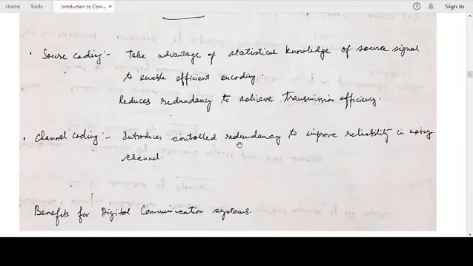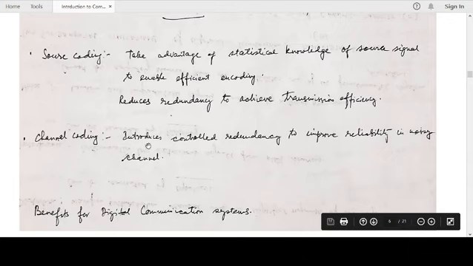That means maybe we add one more extra bit, a parity bit, and check whether the number of ones is odd or even. If it is not, then you understand that there's an error and you acknowledge that to the transmitter. So it improves reliability.